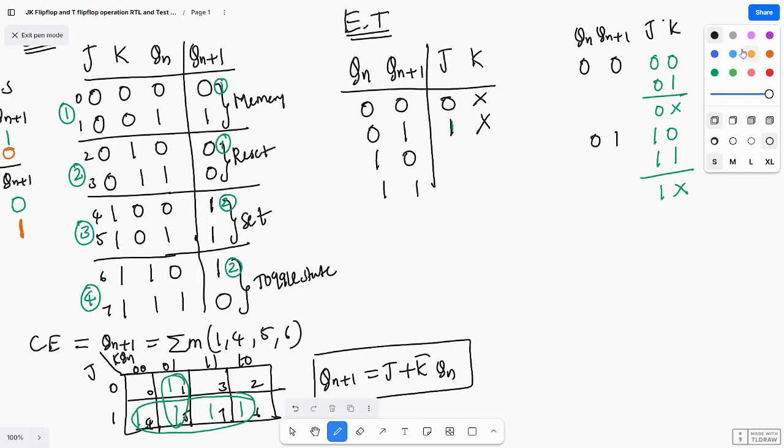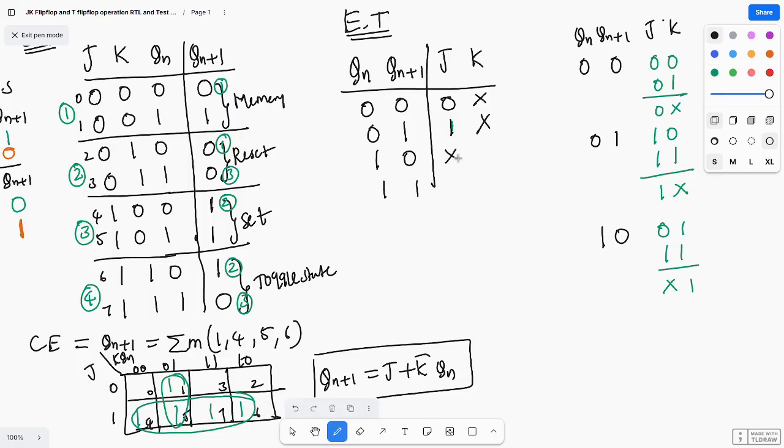Next case, 1 0. Where will you get the third case? This is the third case, and here this is the third case. 1 0 0 1 1 1. 0 1 1 1. This is don't care 1.